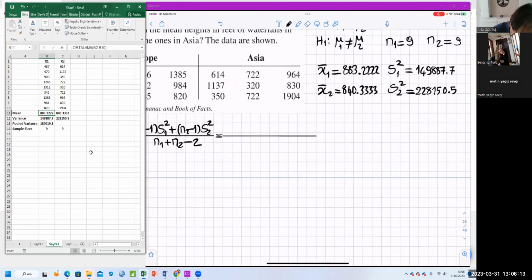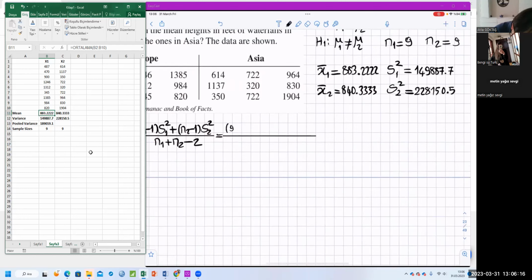N1 is 9 minus 1, times S1 square, which is 149,887.7, plus 9 minus 1 times the second variance, which is 228,150.5.